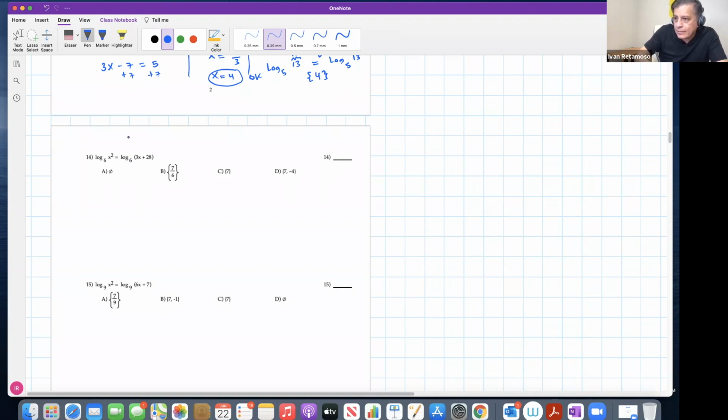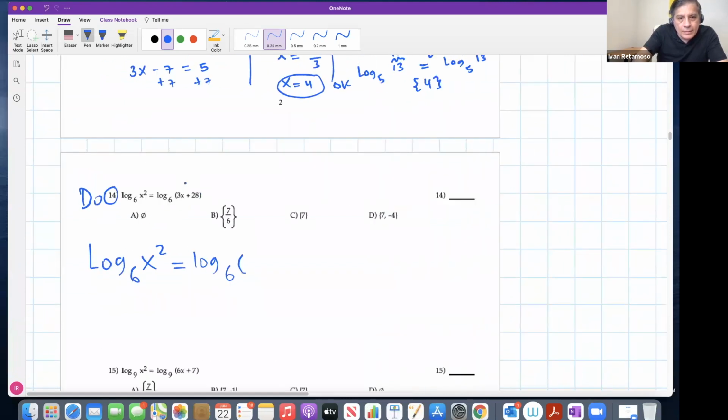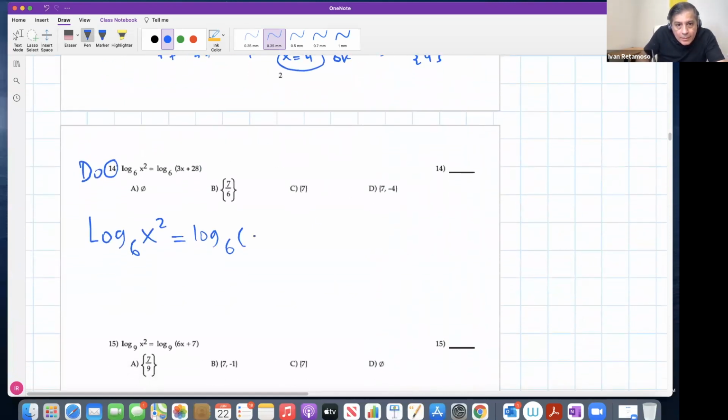This is good. 14, I'm going to write it bigger here. Log base 6 of x squared equal log base 6 of 3x plus 28. That's the equation. Try to solve it, guys.